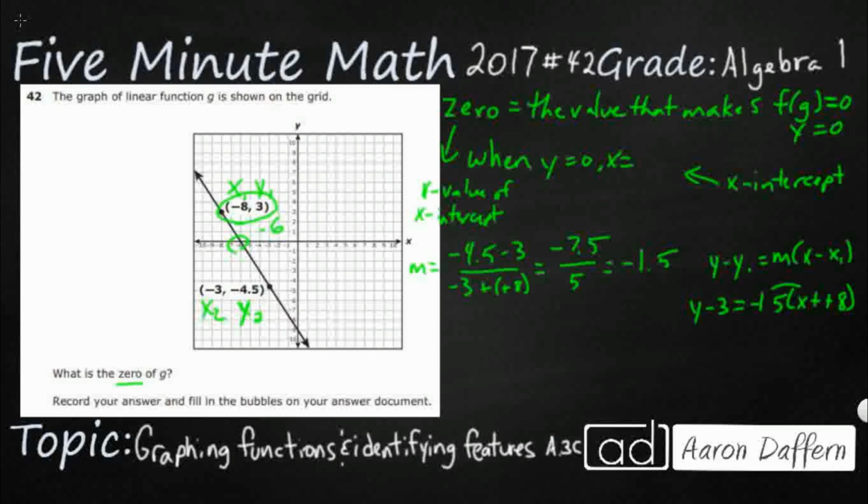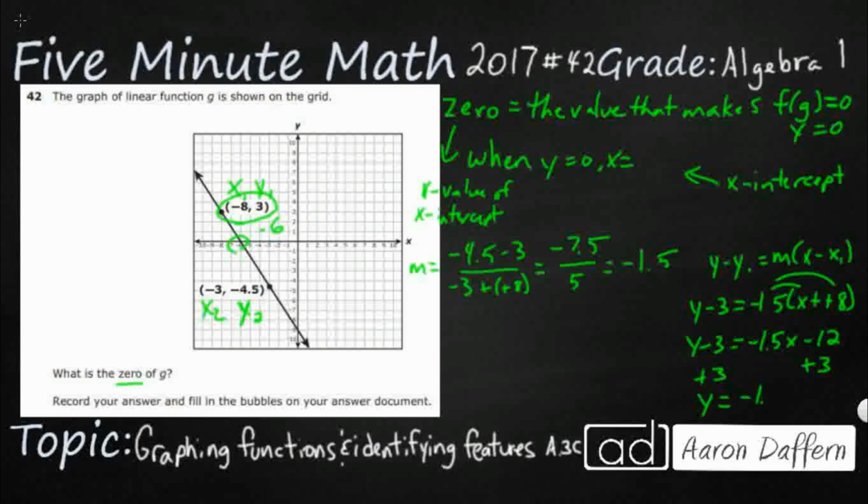I do need to distribute this out, so it's going to be y minus 3 equals my slope of -1.5x. But now I need to multiply -1.5 times positive 8. That's going to end up being -12. And then I need to add 3 to both sides. And here finally is my slope-intercept form.